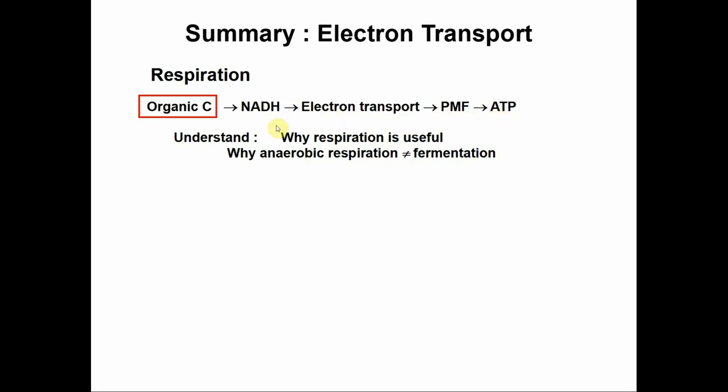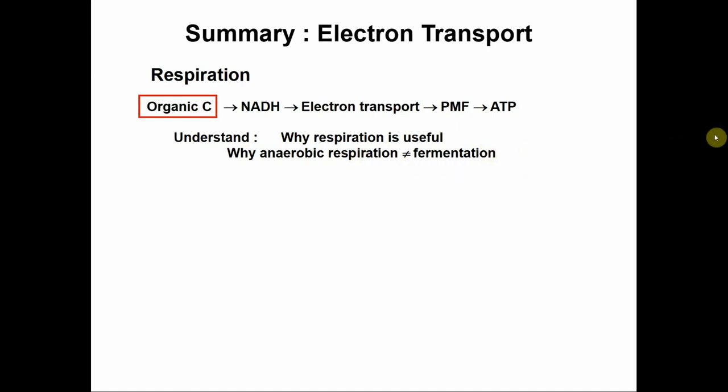So why is this useful? Well, it's because you get much more ATP per molecule of carbon than is possible to generate by fermentation. And you have to remember the difference between anaerobic respiration and fermentation. In anaerobic respiration, bacteria don't use oxygen, that's why it's anaerobic, but they do require another external electron acceptor, like nitrate or thiosulfate.